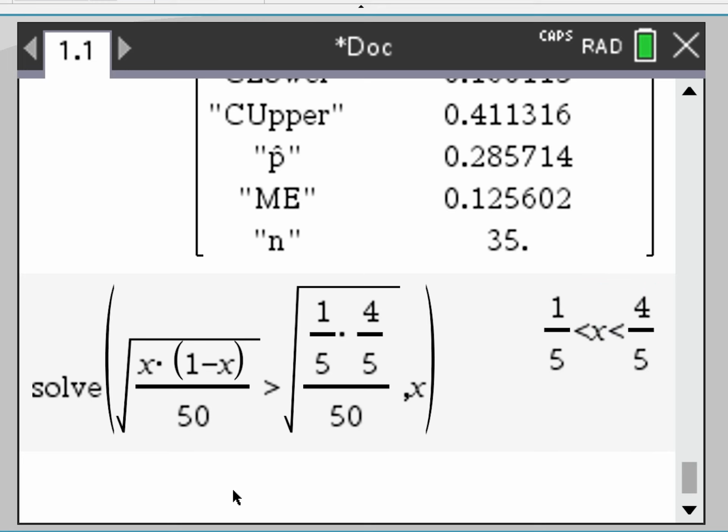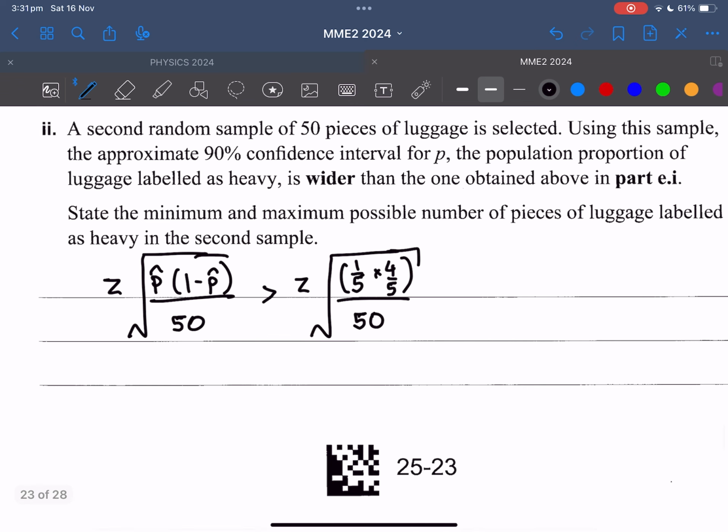So that means we have to find the values of x, so basically what we have to do is find probability. We are given that p hat has to be greater than 1/5, so it has to be between 1/5 and 4/5.